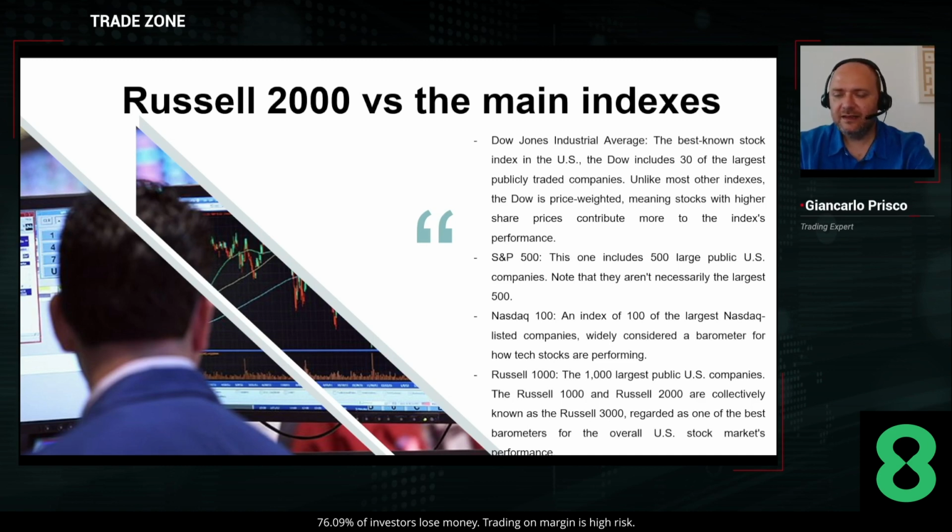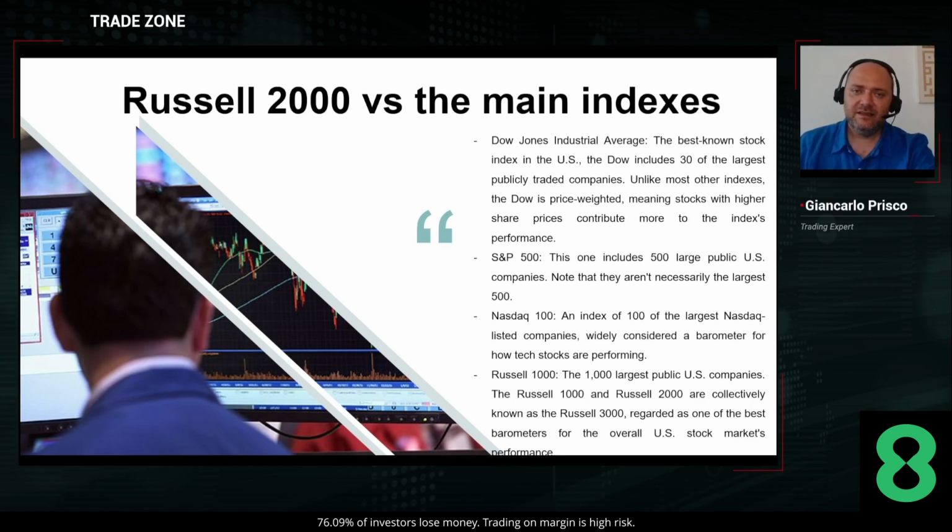But the Russell is essentially the barometer of the smaller cap companies inside the USA economy. The Russell 1000 and 2000 created the index that is the Russell 3000.